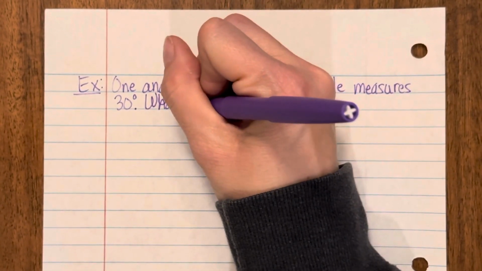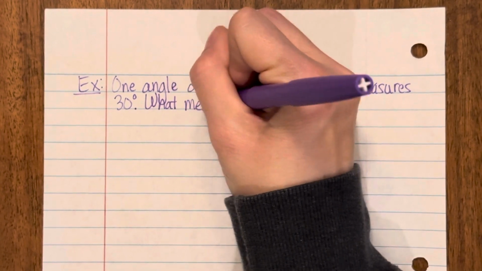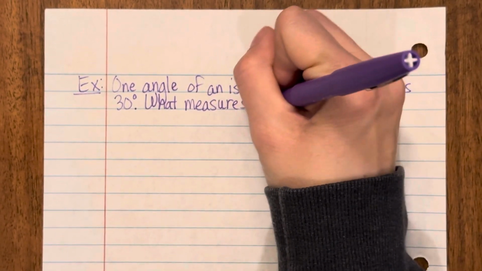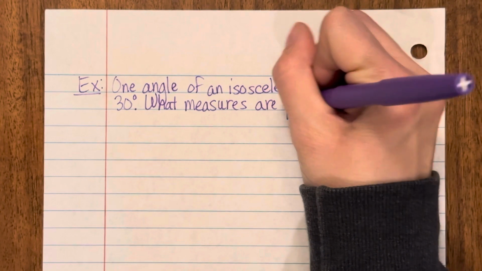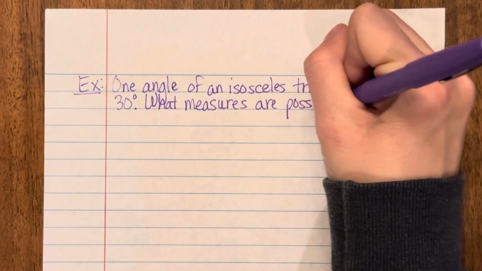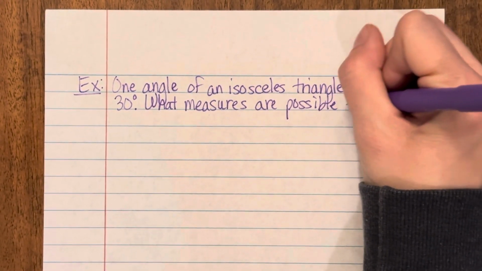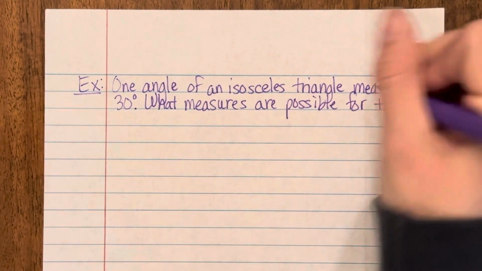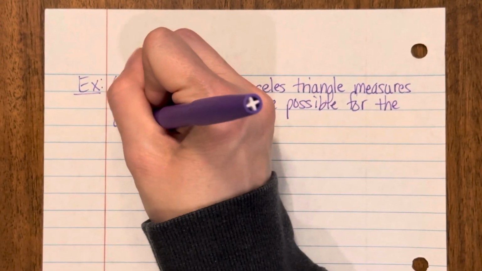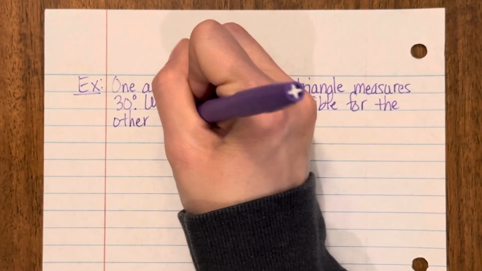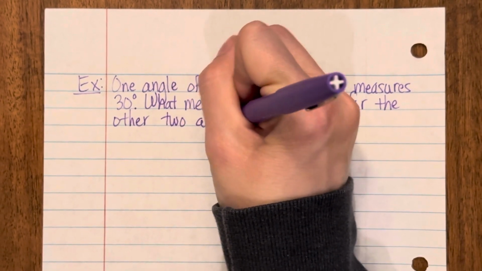What measures are possible for the other two angles?